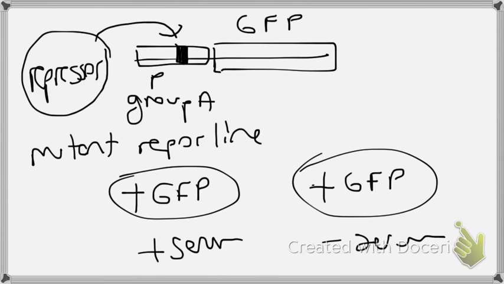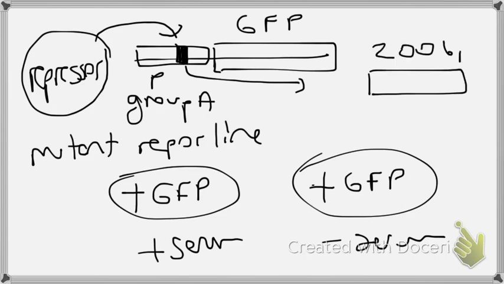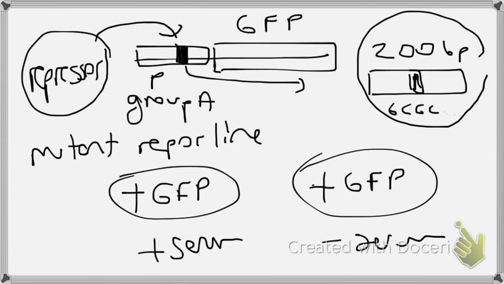So let's say we found a 200 base pair region that contains that little motif, I said GC, GC, etc. And we know this is important for the repression of a gene in group A. Now what you want to know is what repressor actually binds to this sequence.